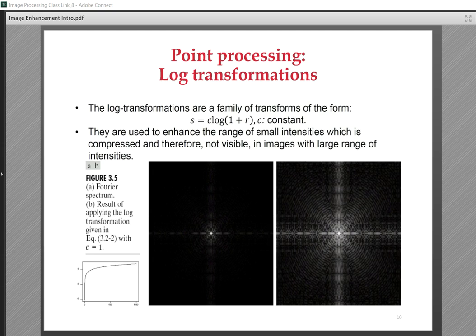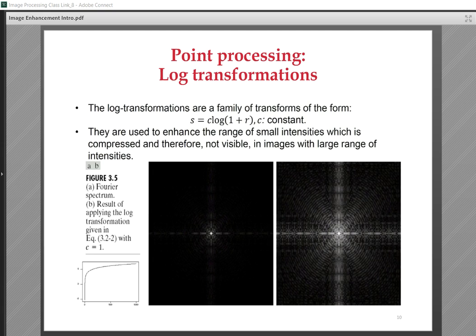They are used to enhance the range of small intensities, which is compressed. Small intensities are compressed, and therefore not visible. Why?